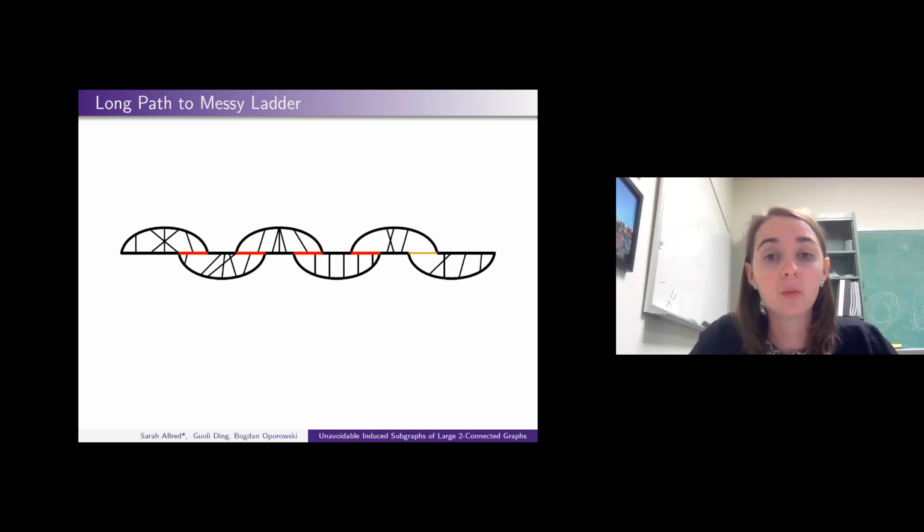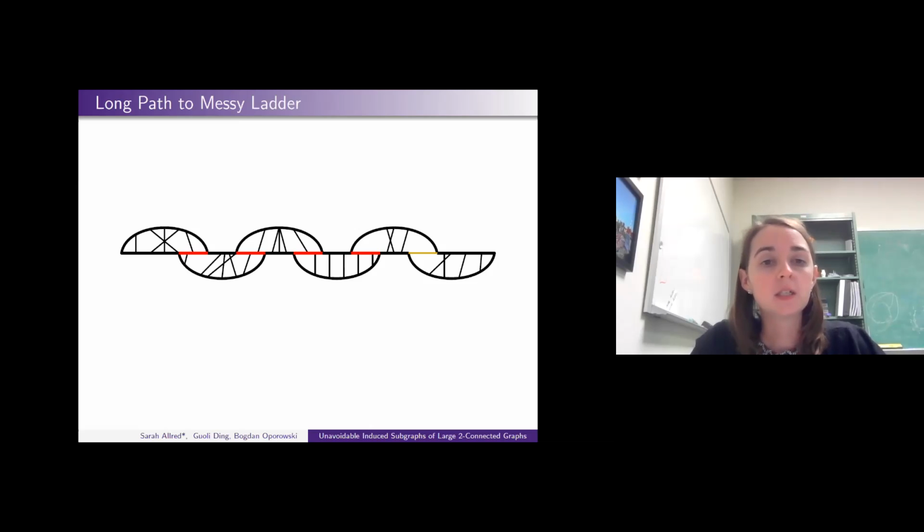Notice that the 4 red segments are thicker, so they are paths. Therefore, there are internal vertices on those red segments that we can delete. The gold segment is thinner. It is a single edge. We cannot delete a single edge. So that gold segment is going to have to stay.